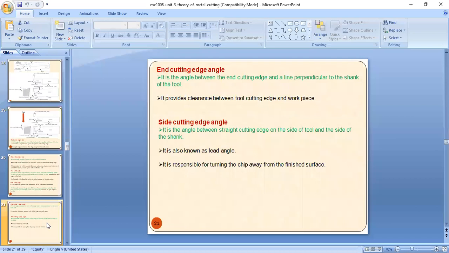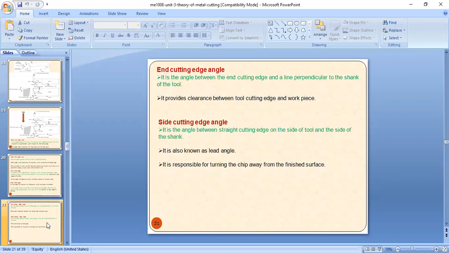End cutting edge angle already we have discussed, and the side cutting edge angle. You should not provide a larger end cutting angle. The side cutting edge angle is known as the lead angle also: the angle between the straight cutting edge on the side of the tool and the side of the shank. So you have to see the difference.